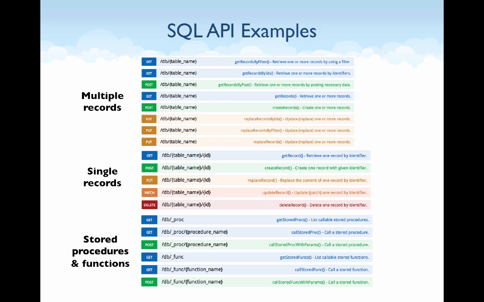And this documents the API live, and the use cases are doing create, read, update, delete operations on multiple records with a lot of flexibility, but you actually need a very small number of endpoints to do that. Singleton records, where you just need a particular record and you need to operate on that particular record. And then often you will need to invoke stored procedures and or functions that exist in your SQL database, and you want to be able to invoke those stored procedures and functions directly from your client-side application.